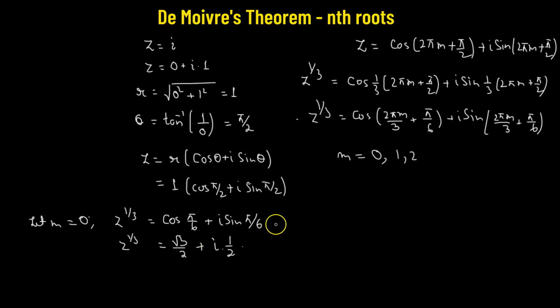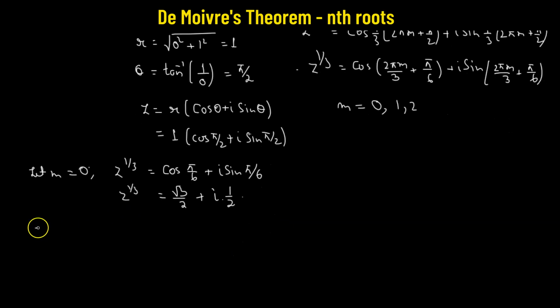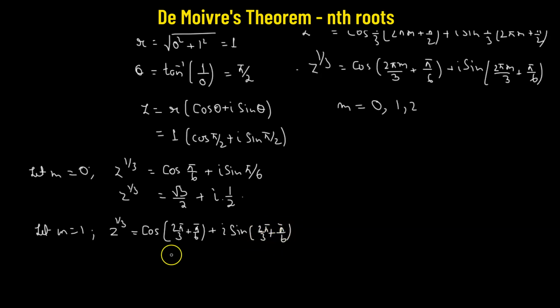Then we will consider the next value. We'll consider the m to be equals to 1. For m equals to 1, we have z raised to the power of 1/3 given by cosine of 2 pi over 3 plus pi over 6 plus iota times sine 2 pi over 3 plus pi over 6, which is equals to cosine of 5 pi over 6 plus iota times sine 5 pi over 6.